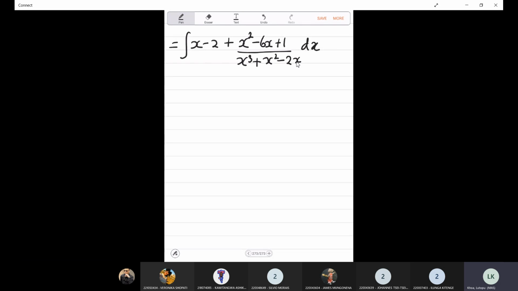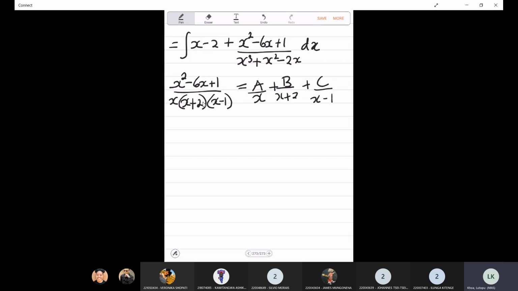So my numerator, this fraction here, I'll decompose it here. So this is x squared minus 6x plus 1 over x. Then just go ahead and factorize it all. Get x plus 2, x minus 1, like that. And we rewrite this as a over x, b over x plus 2, and then c over x minus 1.